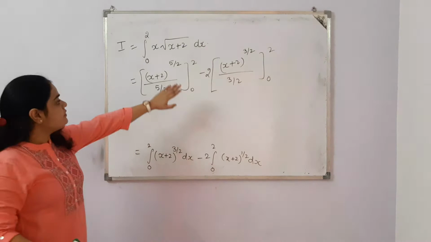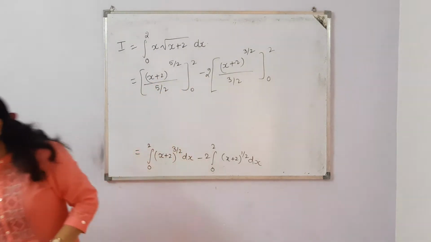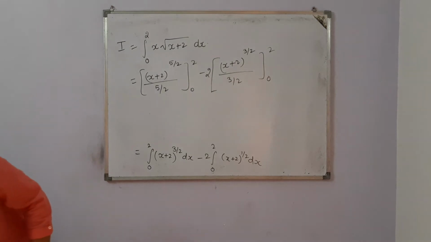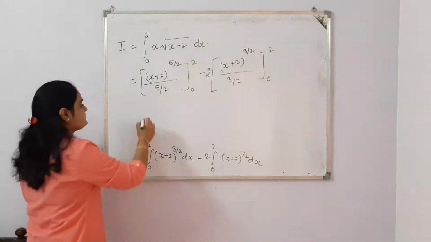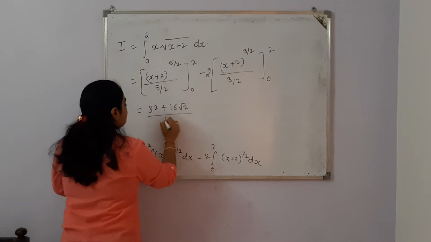So we'll substitute the upper limit and then minus the lower limit. After substitution, I'll get 32 plus 16 under root 2 by 15.